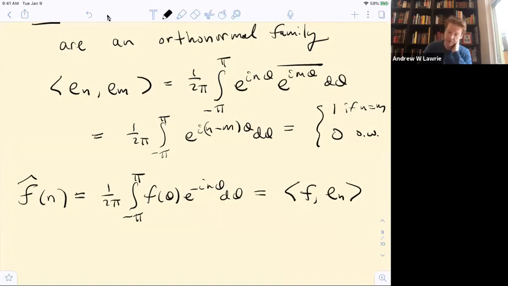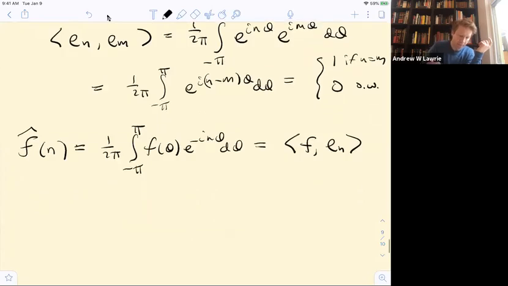It's f multiplied by the complex conjugate of e to the i n theta, and then integrated. So the Fourier coefficients are nothing more than taking the inner product of f with e_n, i.e. projecting f. If you go back to your calculus days, this is the coefficient of the projection of f onto e_n, right?